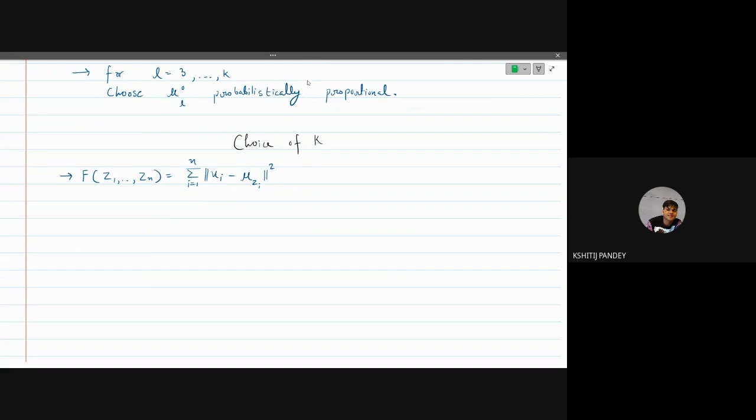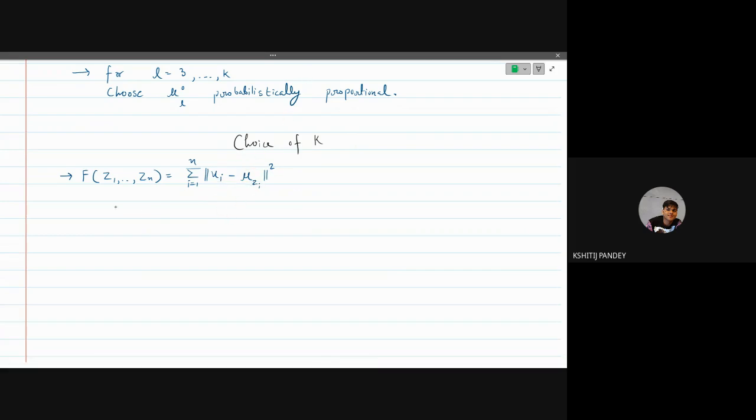If k is equal to n, it means that every point is a cluster in itself, which means that the cluster mean is equal to the point. So when all the data points are their own cluster, the data point itself is the mean, so this quantity becomes zero.